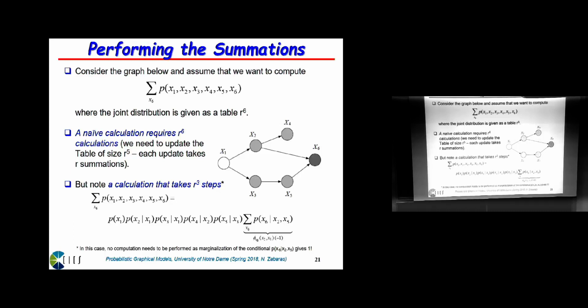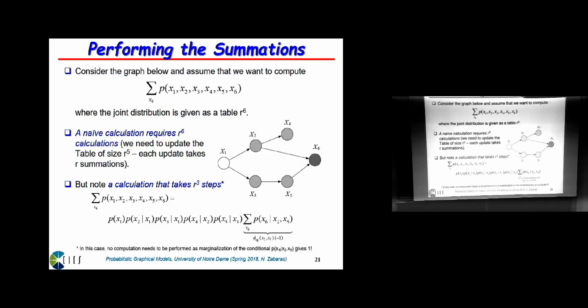And the summation of this distribution is equal to 1, because it's a valid conditional distribution that is normalized. So how much algebra do I have to do? Nothing. If you don't do this, you will find yourselves doing r to the 6th when this actually requires nothing.